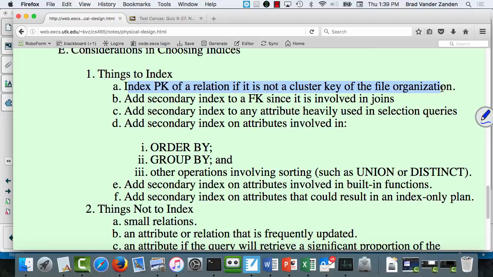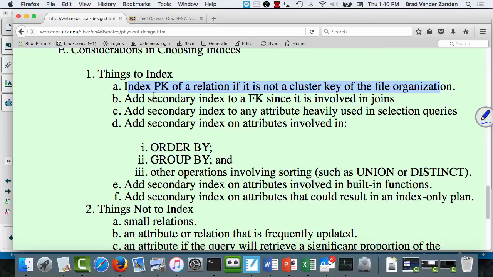The reason is that joins are essentially point queries, where you're saying A.name equals B.name, where B.name equals Brad. Well, you've gotten the Brad from B. Now you have to get Brad from A. That's a point query. So joins are a lot like point queries. Although you don't perform range queries on primary keys, you perform a lot of joins on primary keys. So it's good to put a secondary index on the primary key of a relation.